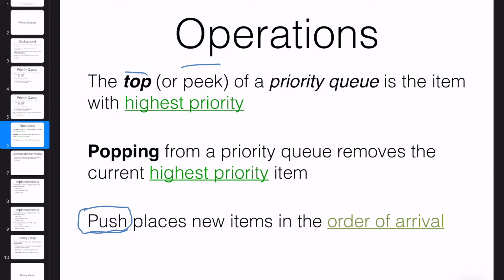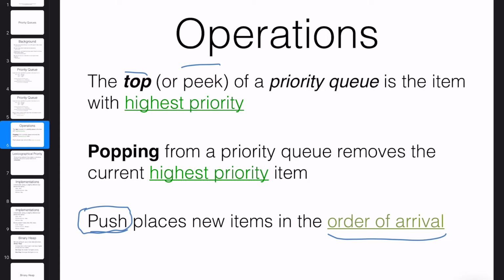And if you have two items that have the same priority, the item that came first is going to be removed first. So we will keep that first in, first out policy, but we will apply it just over those items that have the same priority score. Now you can see that you can have repetition.